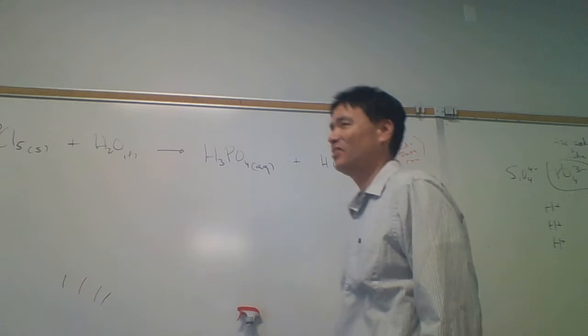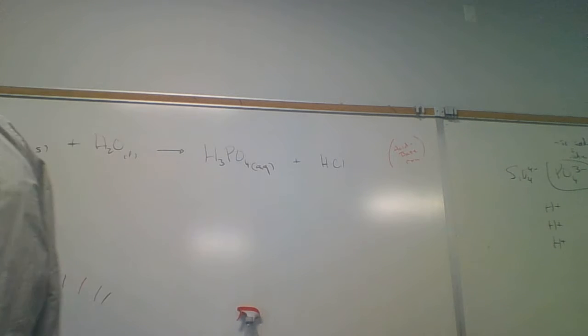This is not an example of what we were looking at before. What was the reaction type we were looking at before? The reaction type we were looking at before was called a redox. What did redox stand for? Yeah, reduction-oxidation, or oxidation-reduction.